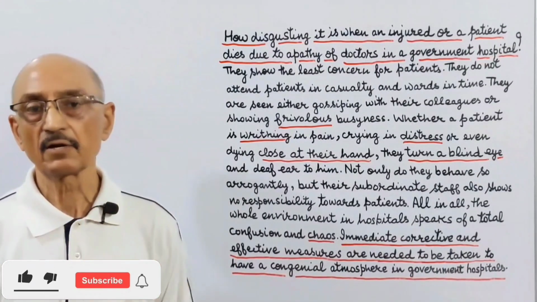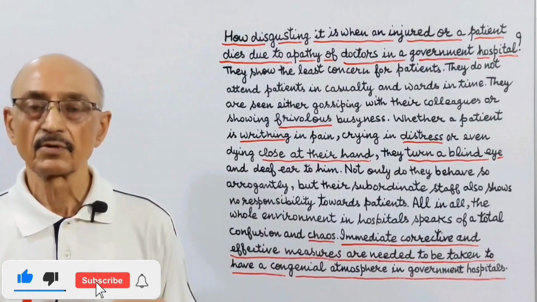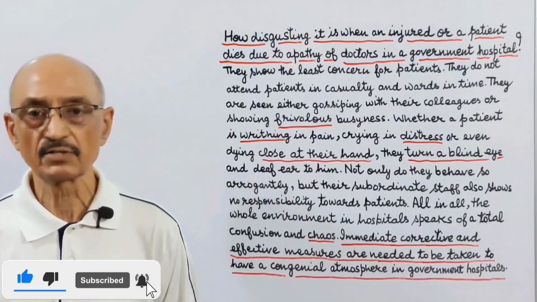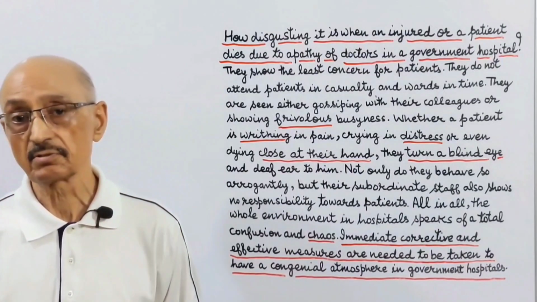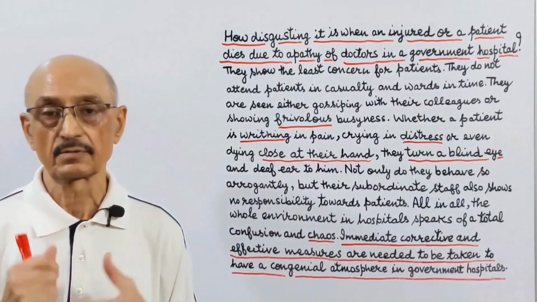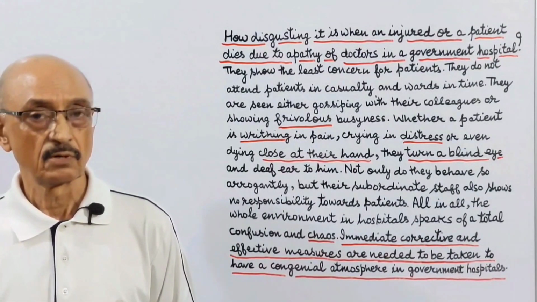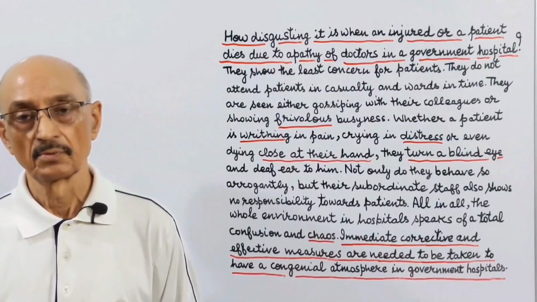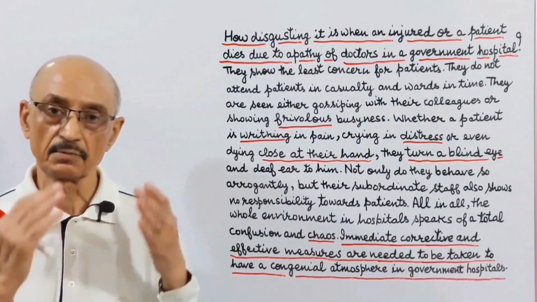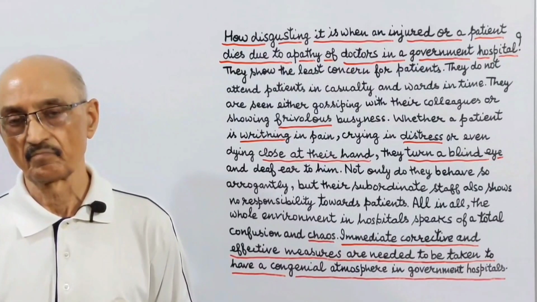This is how you will start writing the second para of this letter. In the very beginning of this second para, you will express your strong feelings, your strong reaction towards that particular problem or issue prevailing at that particular moment.